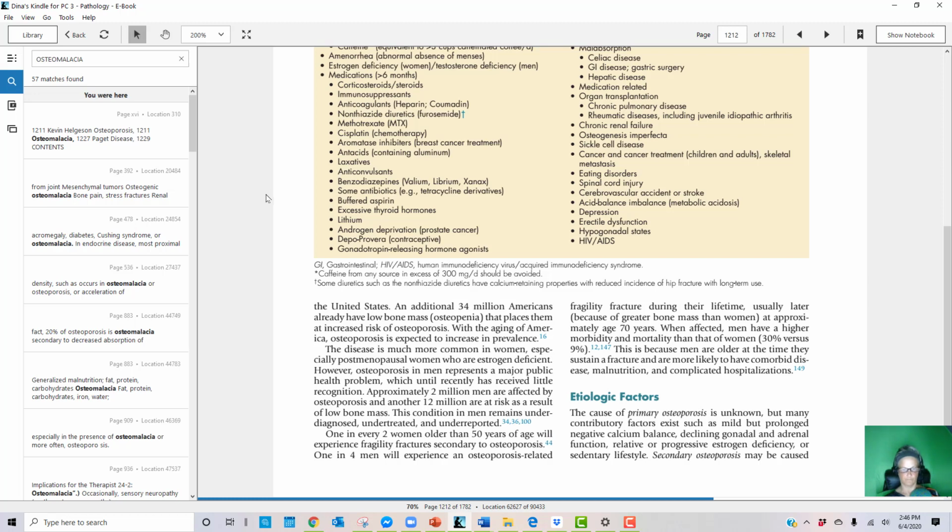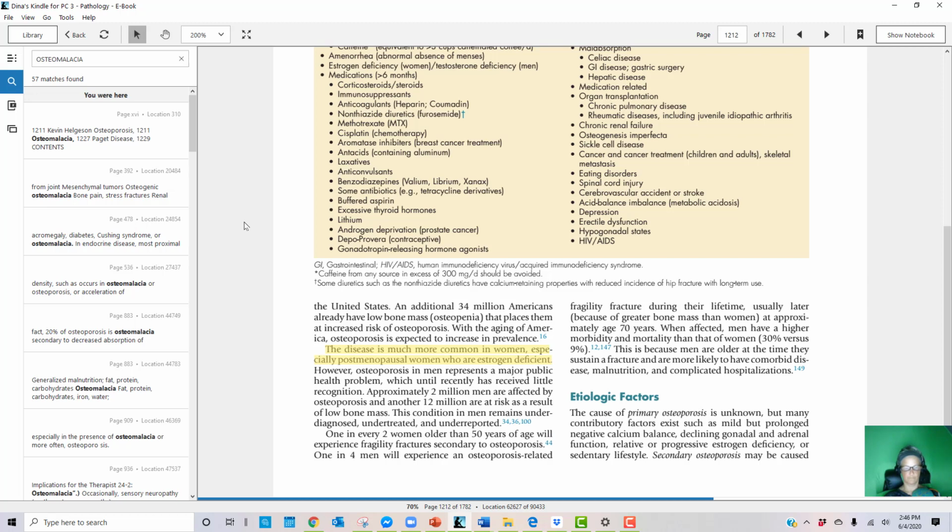The disease is much more common in women, especially postmenopausal women who are estrogen deficient. However, osteoporosis in men represents a major public health problem, which until recently has received little recognition. Approximately 2 million men are affected by osteoporosis and another 12 million are at risk as a result of low bone mass. This condition in men remains underdiagnosed, undertreated, and underreported.